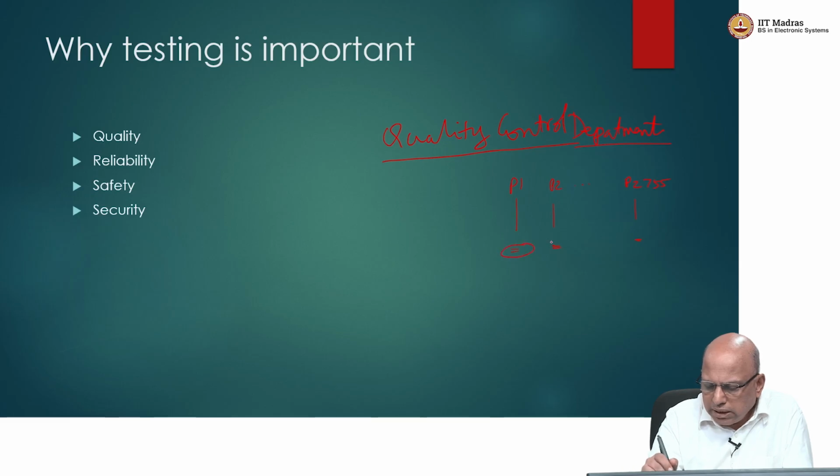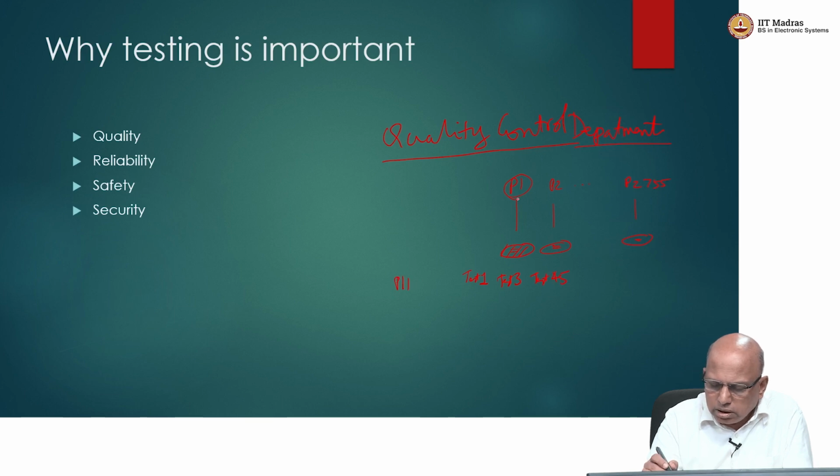they will have to be labeled and sent to the quality control department saying that these parts of this particular product P1 have failed tests. They may even tell you what tests they failed. So, test number 1, test number 3 and test number 45, all these failed for this particular product 1.